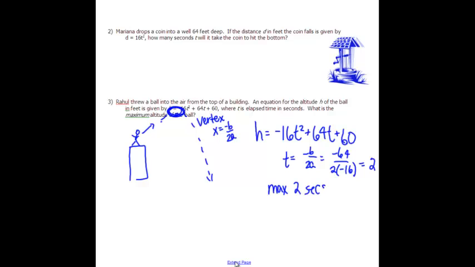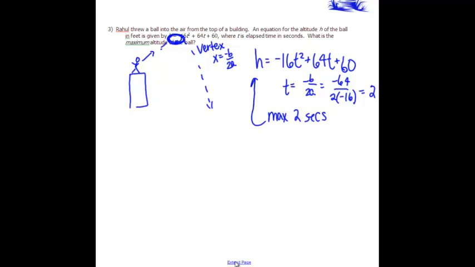Well, that's not what the question asks me. The question is, what is the maximum altitude? So to get that altitude, I have to plug back in to get the height. And that's going to be negative 16 times 2 squared plus 64 times 2 plus 60. And if you work that out, you should get 124 feet. And that is the answer.